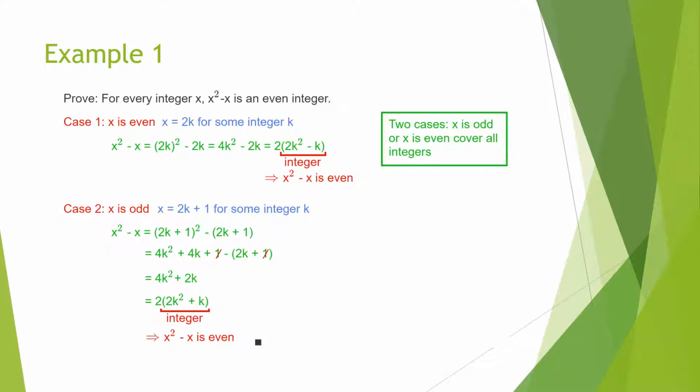And again, you can factor out the 2 and say it's equal to 2 times (2k squared plus k). And since 2k squared plus k is an integer, therefore x squared minus x is written as 2 times an integer, which means that it is even based on the definition of even numbers.